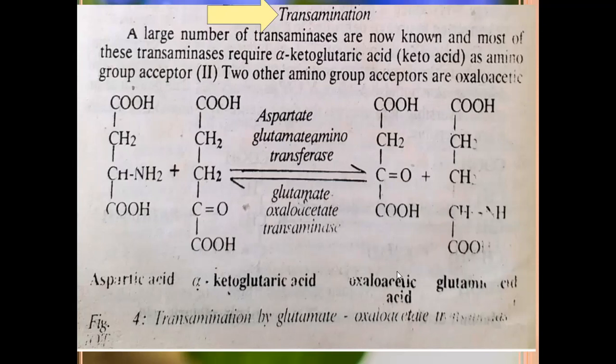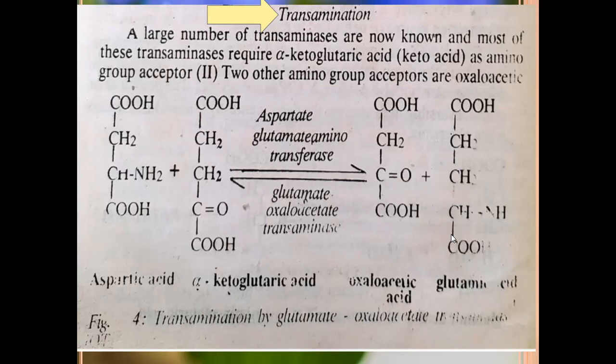After transamination, aspartic acid converts into oxaloacetic acid, and alpha ketoglutaric acid converts into glutamic acid. These are the newly synthesized keto acid and amino acid. It is also a reversible reaction.